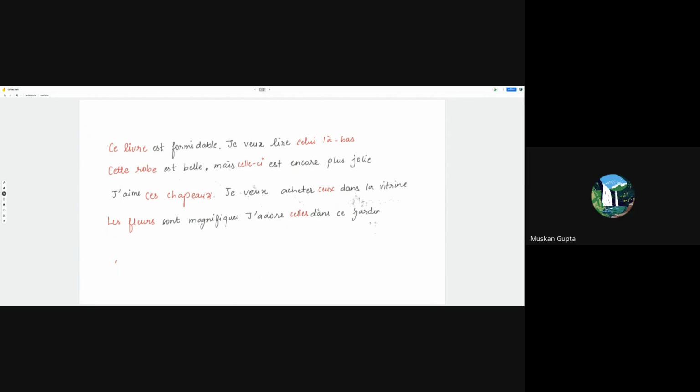Similarly, I like these hats, but I want to buy the one, "je veux acheter celui." Why do we use ceux? Because chapeaux here is masculine plural, so we are replacing a masculine plural. The one here is in the vitrine, the showcase.